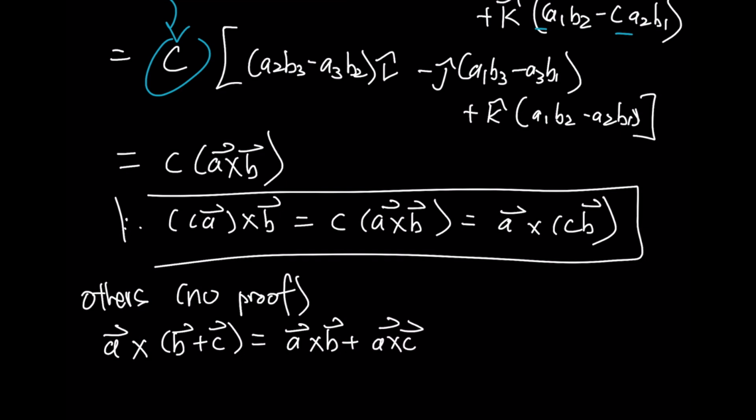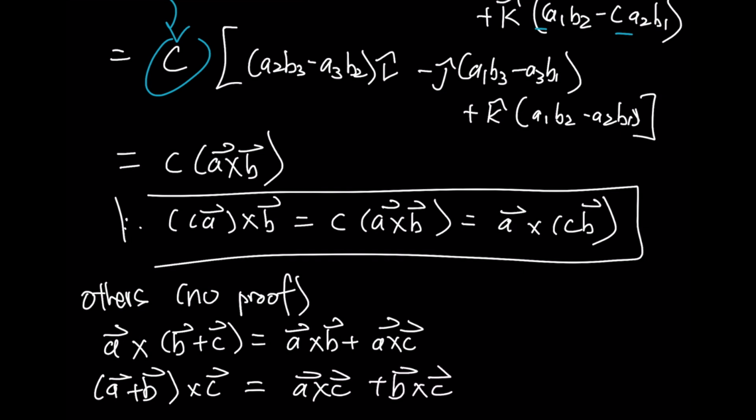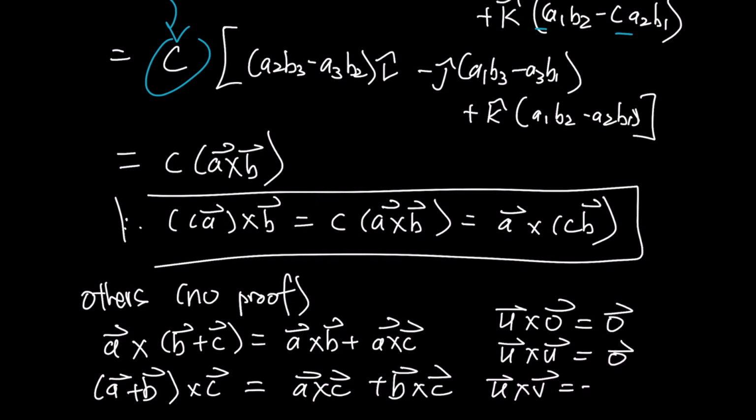If you were to have a sum over a cross, it's going to be A cross C plus B cross C. Any vector crossed with the 0 is going to give you 0. Any vector crossed with itself is going to give you 0. And taking this vector ends up giving you that result.